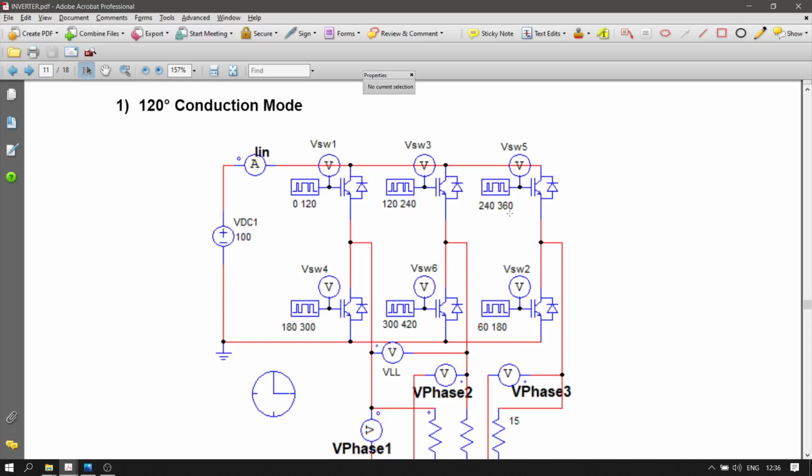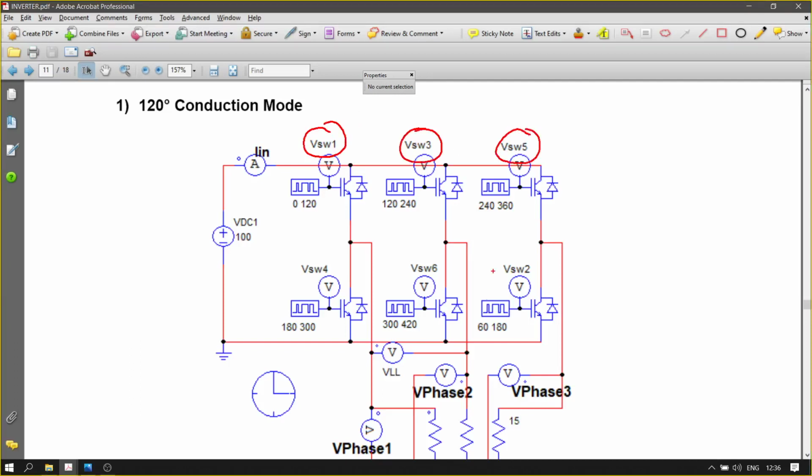We call this a full wave inverter, full bridge inverter. So you have S1. Remember, the labeling is always S1, 3, 5, and then you have 2, 4, 6.